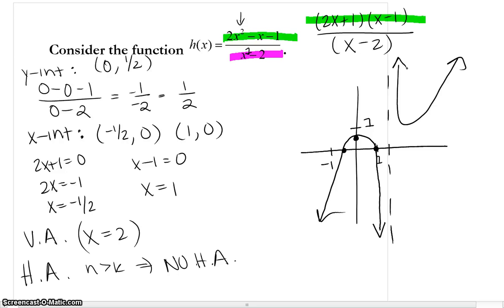It's called a slant asymptote, but pretty much it just means that we have a symmetry going on. Sorry, this is a poorly drawn graph. But if it looks like this on one side, it should look like this on the other side. It'd be something like that.